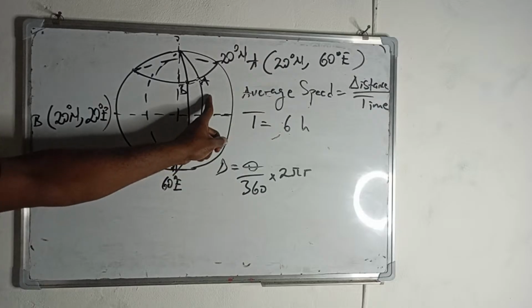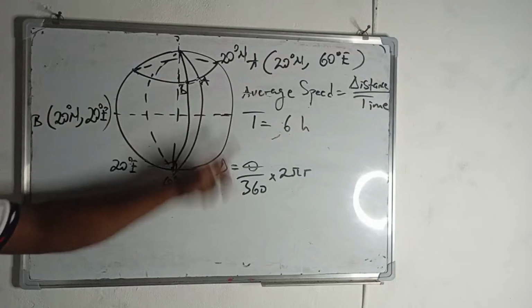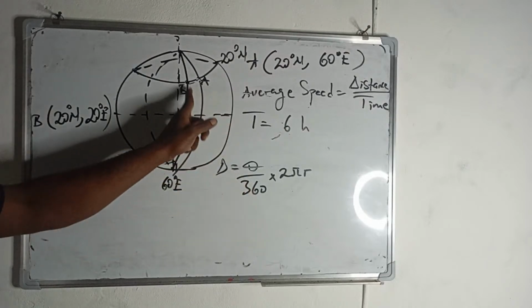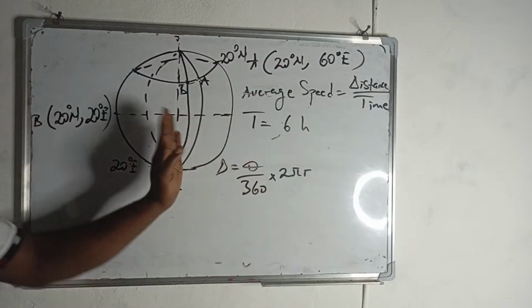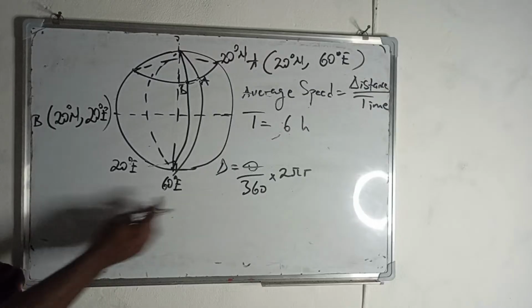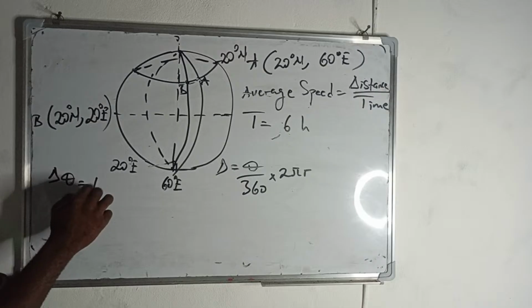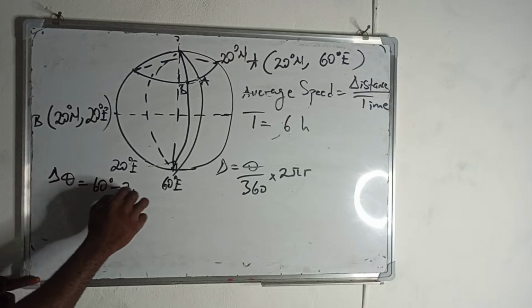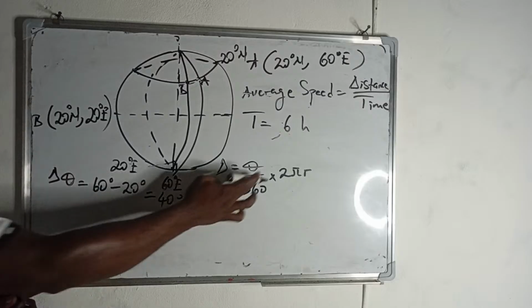He traveled from this longitude to the other, B. Remember, the longitudes are on the same side, the east direction, so we subtract. Change in longitude: 60 degrees minus 20 degrees, which gives us 40 degrees. Then we'll have 40 here.